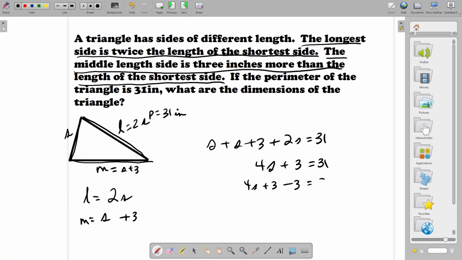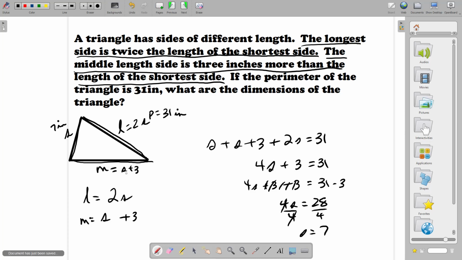We have to do that on this side. Here the 3's add out. We get 4s. Over here we get 28. Divide by 4. Divide by 4. S is 7. So our short side is 7 inches.